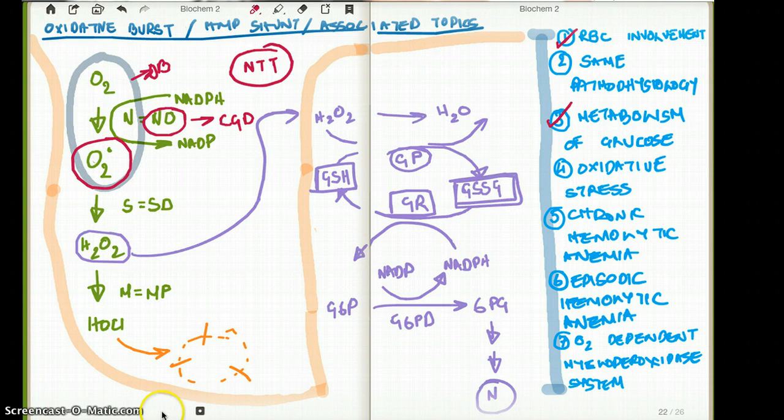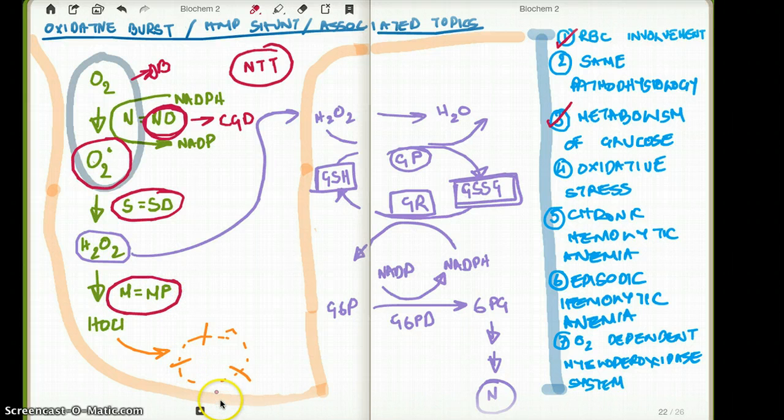So moving on from that point, if you have CGD, you might not have NADPH oxidase, right? But what about superoxide dismutase? What about myeloperoxidase? Are they going to be present? Absolutely. Why? Because these are not deficient enzymes.